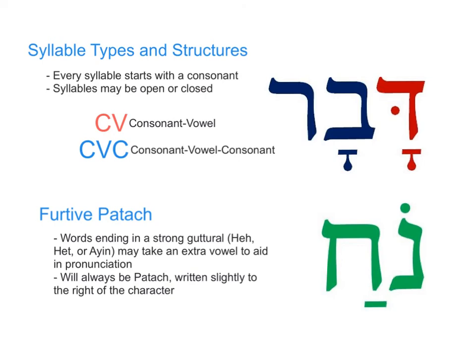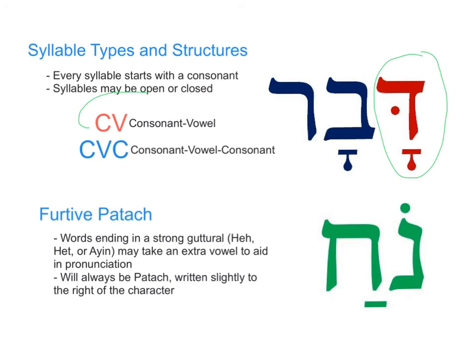And I want to give you just an example with a word here. This first setup here is what we would call an open syllable. An open syllable will always start with a consonant, as we just learned, and it will end with a vowel. So it's open. It's ending with an open vowel sound.